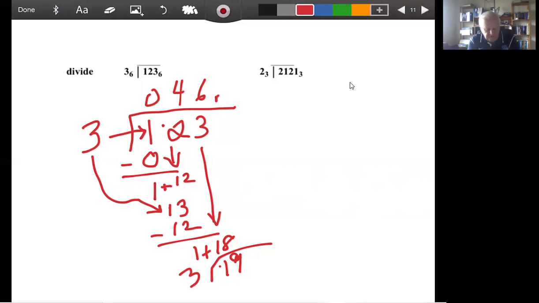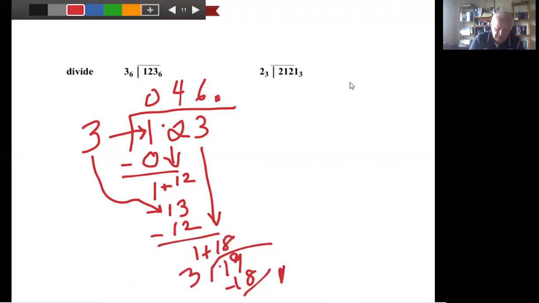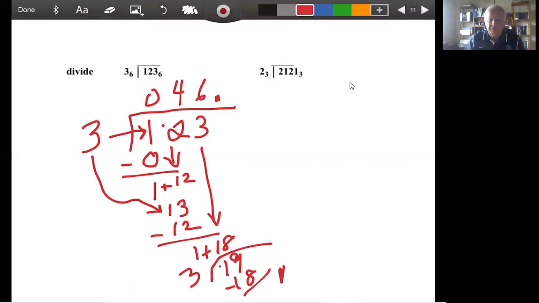You might be tempted to say, I'll take that remainder of 1 and put it over the 3. That works sometimes in bases. It doesn't work all the time. So you might want to be a little bit cautious about that. I didn't mean for it to be uneven, but it did. So it is what it is.